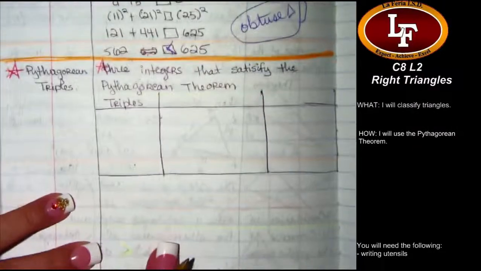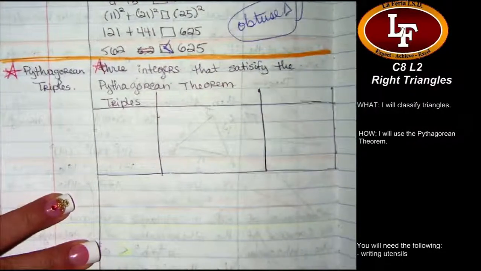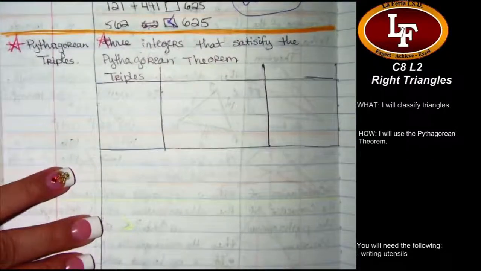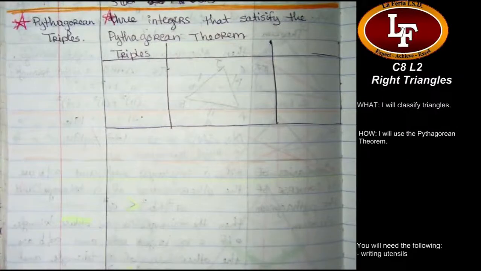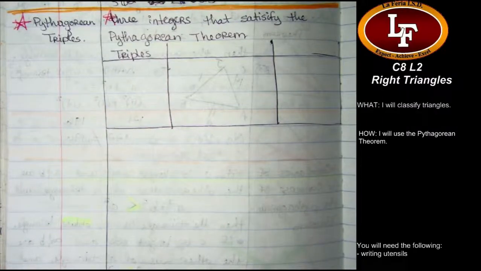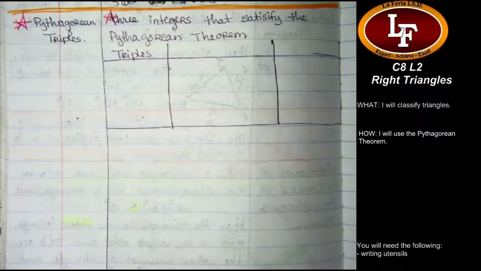Now, I really want you to memorize the first 2 triples for sure, because they're going to come up time and time again on those college entrance exams. If you're looking to try the TSI, this is going to come up for you.